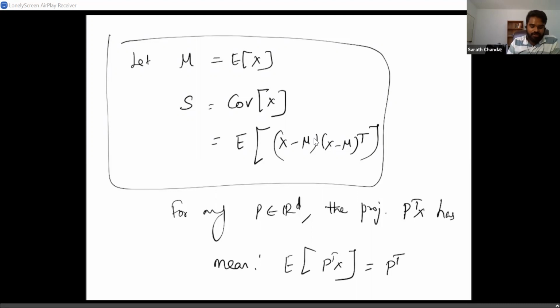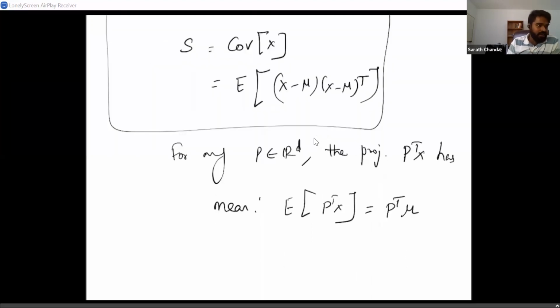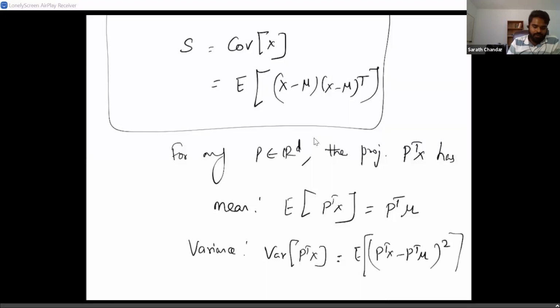The expected value of X is given by mu. Similarly, the variance of p transpose X is the expected value of (p transpose X minus p transpose mu) whole squared.